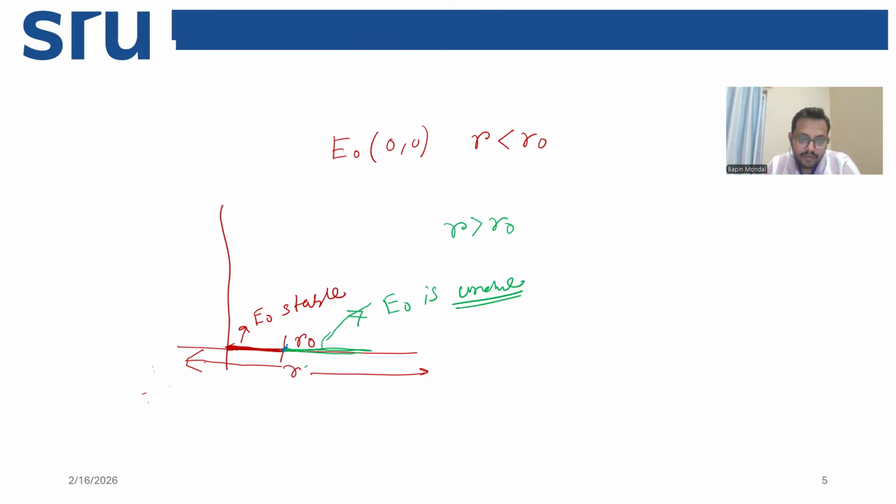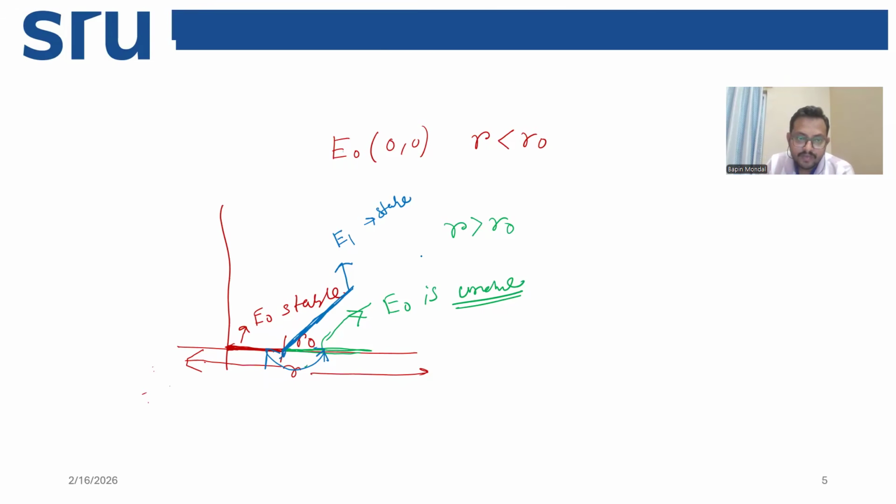We know that this is axial, not interior. So in this region E1 exists and it is stable. Again, one equilibrium point changes stability from stable to unstable at this critical value, and at the same time the equilibrium point E1 comes into existence. I hope everyone understands this transcritical bifurcation.